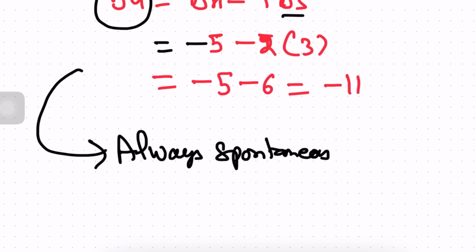Here I just want to make it clear in your mind. Spontaneous, what does it mean? Whether the reaction is going to proceed in the forward direction or not. Keep in mind, spontaneity does not mean the rate of reaction. The reaction may occur slowly or quickly. Here we just calculate whether the reaction is going to proceed in the forward direction or not.